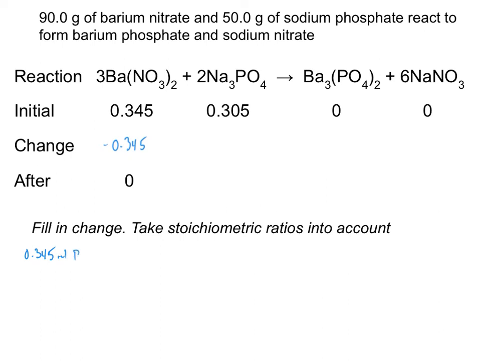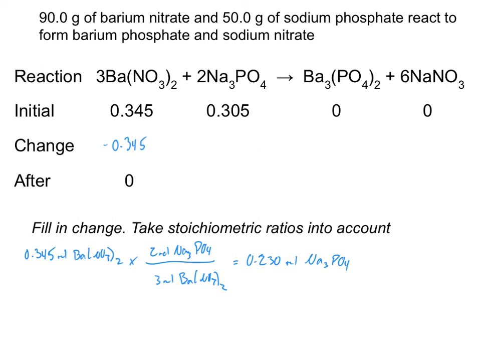So 0.345 moles of barium nitrate times our molar ratio relating to sodium phosphate tells us that we're going to lose 0.230 moles of our sodium phosphate. Now again, remember that's a calculation that we have actually already done.